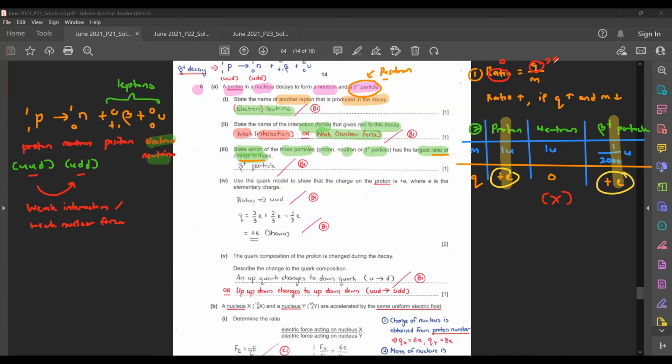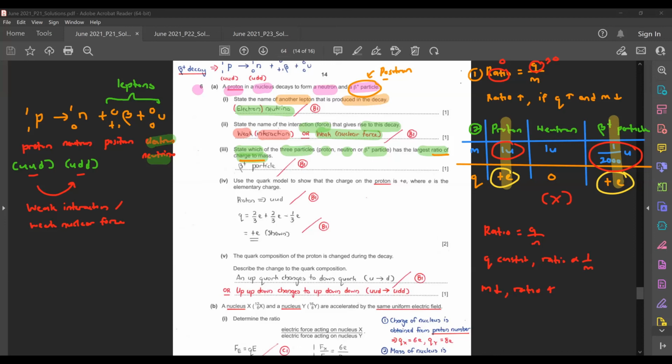But in terms of the masses, there's something you can say. The ratio is Q over M. If Q is the same for both cases, the ratio is inversely proportional to M, so a small M will give you a large ratio.